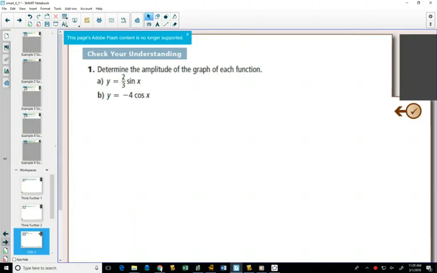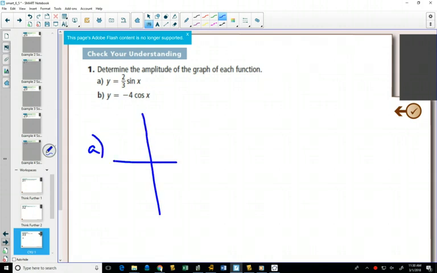So here we've got in A, y equals 2/3 sine x. If we were thinking about our transformations, we've got a 2/3 in front of sine of x. Would that affect it horizontally or vertically? So the 2/3 in front is going to affect the graph vertically, and it's going to be a vertical compression. So our normal sine graph had a maximum value at 1 and a minimum value at -1.